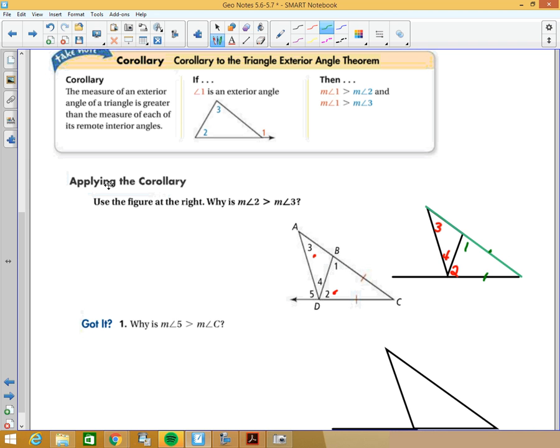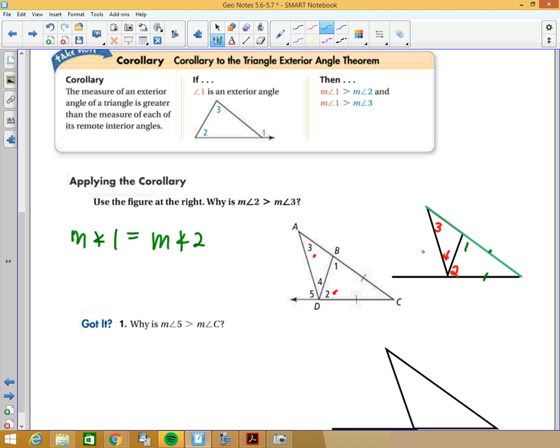We're going to use two different sentences to make this assessment. The first thing I'm going to say is that the measure of angle 1 is equal to the measure of angle 2, based on the isosceles triangle theorem. If sides are congruent, then base angles are congruent.